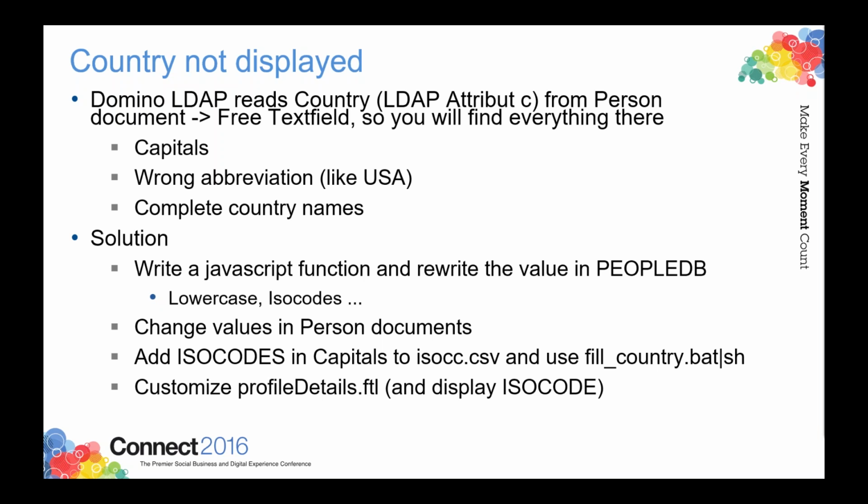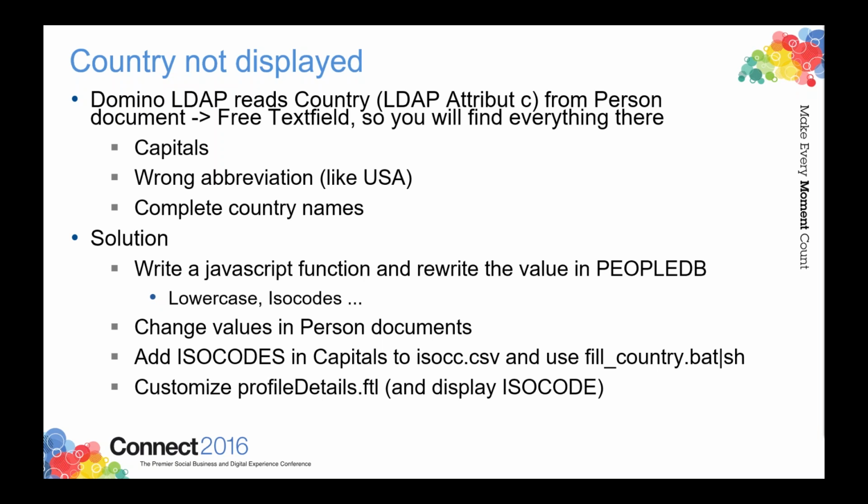You can add the ISO codes in capitals to the ISO CSV file. That's the file which is used to build the country table within the profiles database. So that's the easiest way to add new countries, to add new mappings like USA is United States or something else.